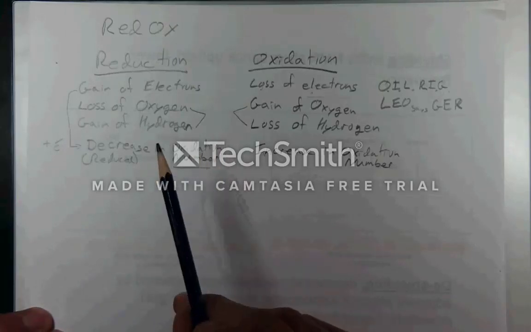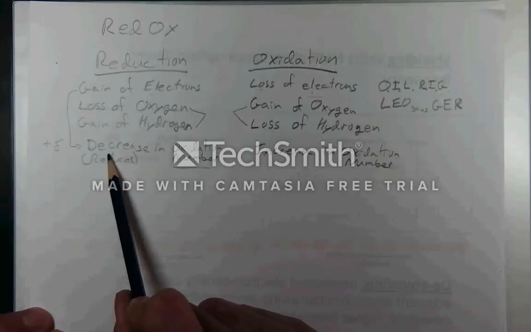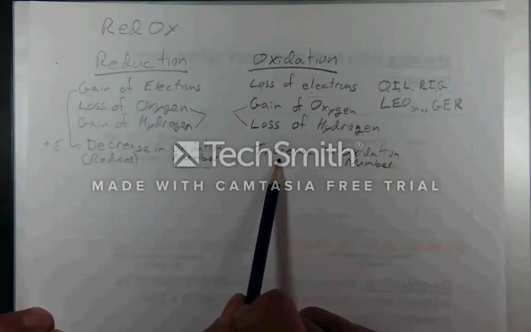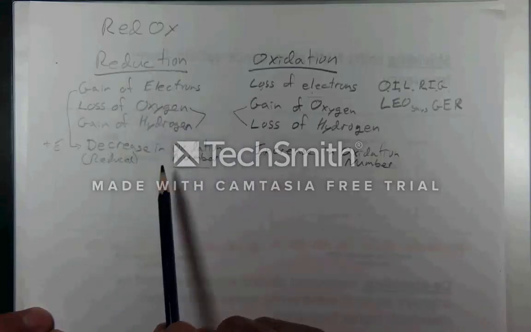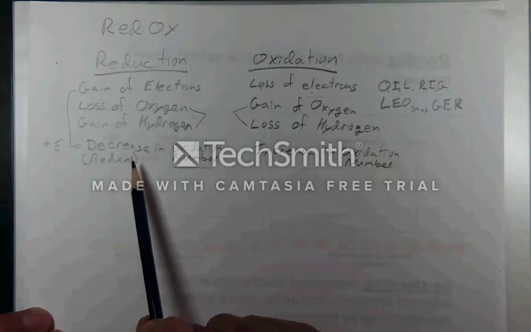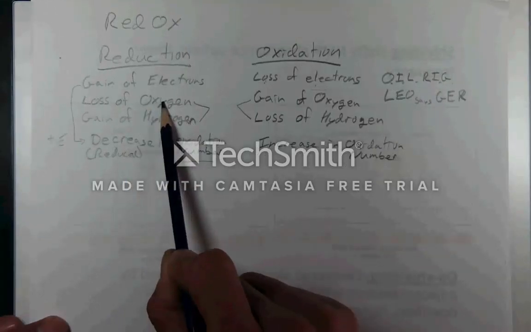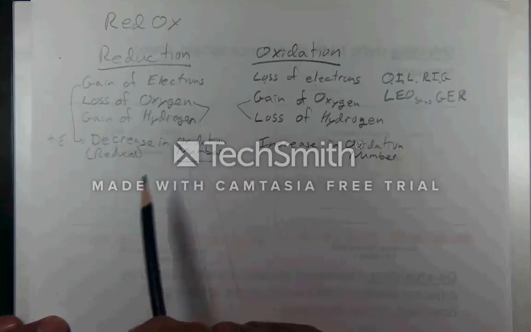Now, you can always assign oxidation numbers and see if the oxidation number is either decreased or increased. That correlates to either the gain or loss of electrons. But we're not going to go into that much detail. These definitions of losing oxygen, gaining oxygen, this is primarily what we use in organic chemistry.